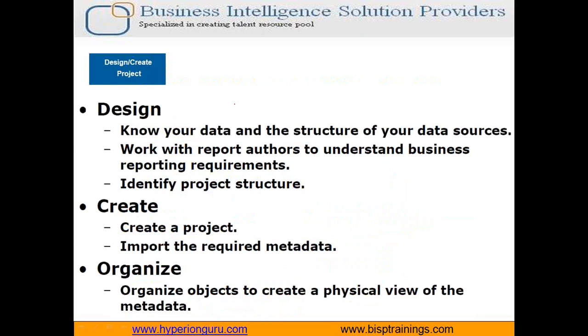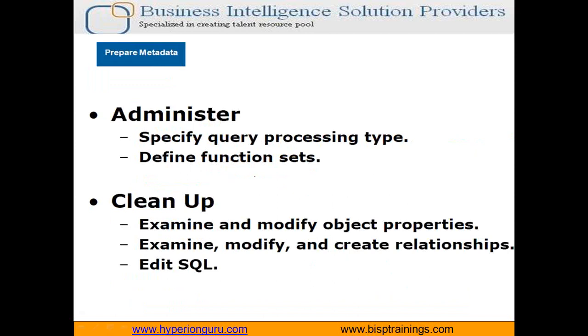So everything which I explained is given over here in more detail. Design consists of knowing your data in which you are designing your reports, the structure of your data, the type of report you are going to design, who is going to access them, what their requirements are, and the project structure. Then creating reports is more of a developer job. You create the project, extract your metadata, understand your underlying physical source system, and design a physical view of it.